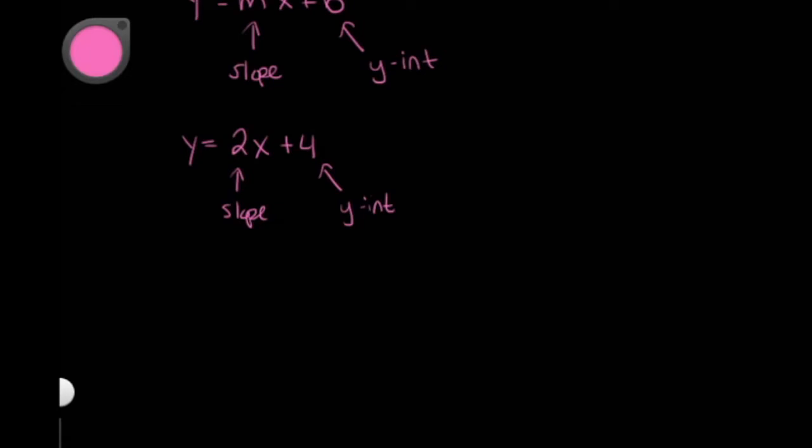Now, if you take a look at the worksheet I posted yesterday, part 2 says, find the equation of a line given a parallel or perpendicular line and a point. So, for example, actually let's clear this now.